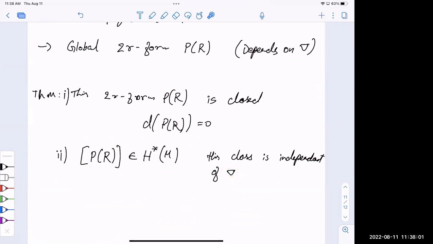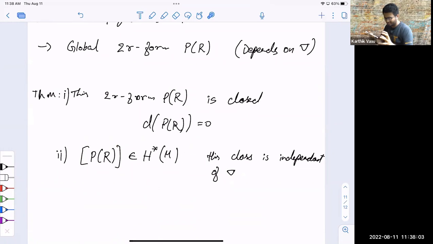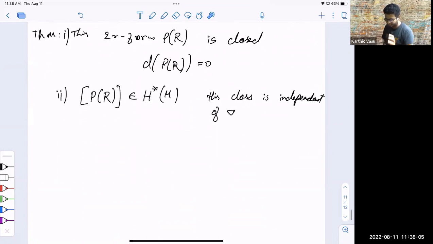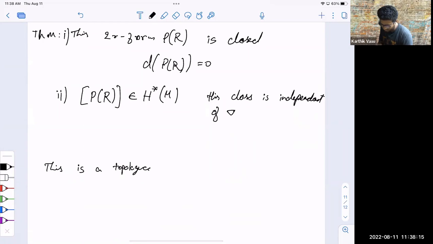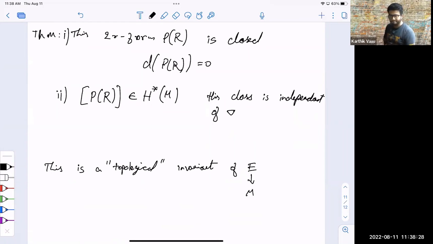So this boils down to being a topological invariant of your vector bundle, not of the manifold. It is of the vector bundle.